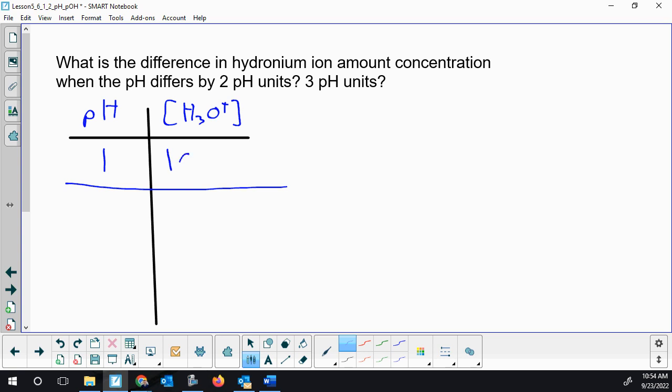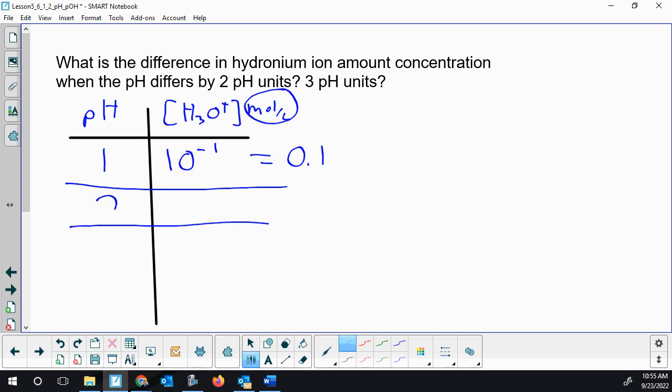I have to go 10 to the minus 1. And now we're trying to develop some patterns. Most of your brains work much better in decimal, so I'm going to write out the decimal version of this. I'm just going to put my units in my heading. I'm not going to write them over and over again. So that would be a tenth. So the hydronium would be a tenth.